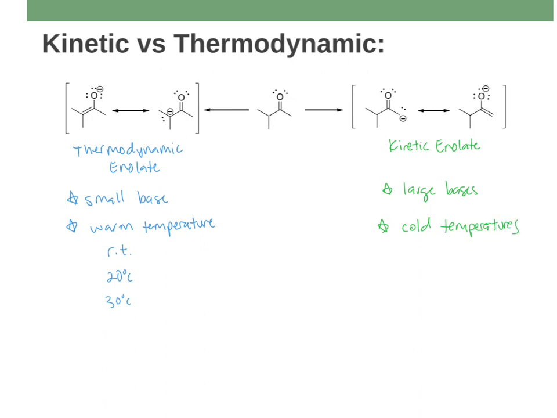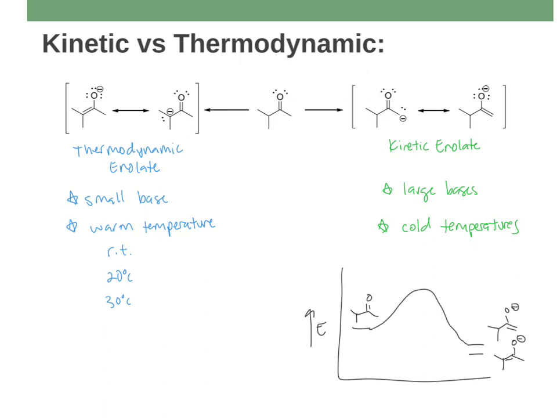right? Because again, I'll draw this with a real quick energy diagram here. The idea, again, if this is energy, and here's your starting ketone, and you have two different enolates, O minus, and then the other one's up top. Right, and we said we could go directly to the kinetic one, or we could go to the thermodynamic one.